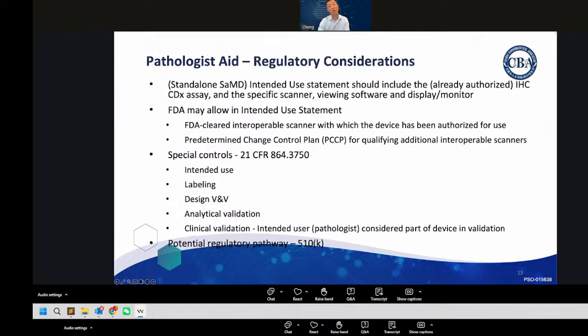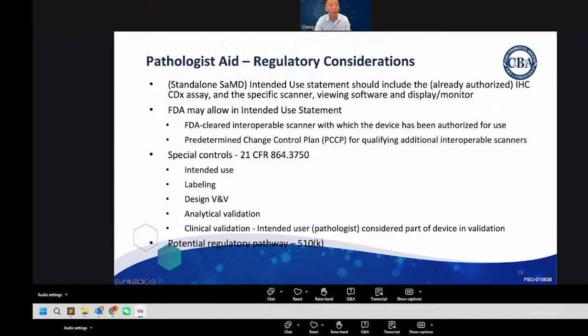For such devices to aid the pathologist in making diagnosis, normally they are standalone SaMDs, or software as a medical device. So for the intended user statement, FDA normally requires including the already authorized, for example, IHC assays, the CDx assay, and also the specific scanner, viewing software, and the display monitor.